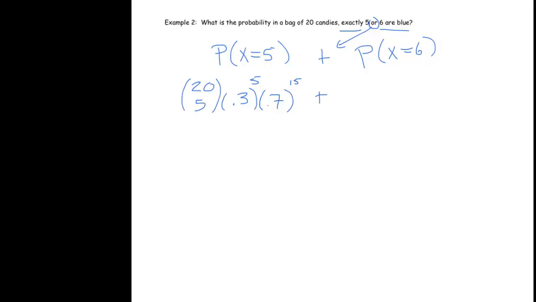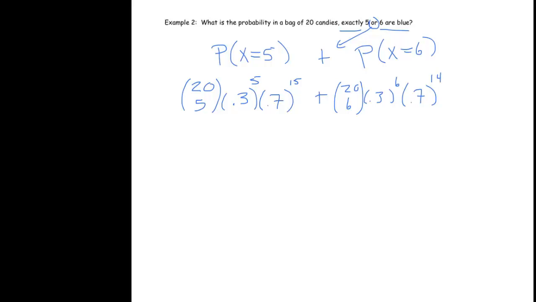Plus, this time we want 6 successes, so 0.3 to the 6th, and then the rest are failures, 0.7 to the 14th. And there's 20 choose 6 ways to have 6 successes out of the 20.